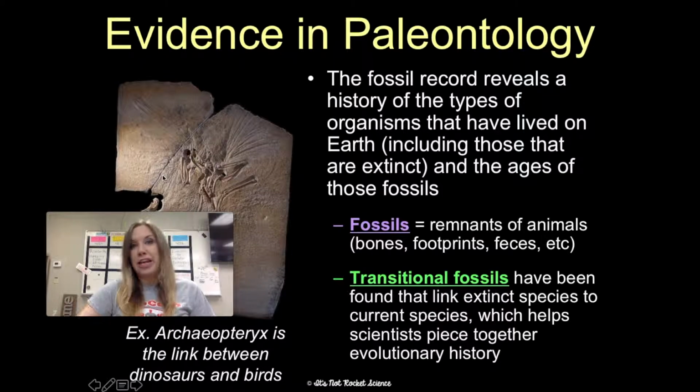There were no bird-like dinosaurs when the dinosaurs roamed this earth. And so the fact that we see this kind of in-between organism suggests that the dinosaurs evolved to form this organism here.